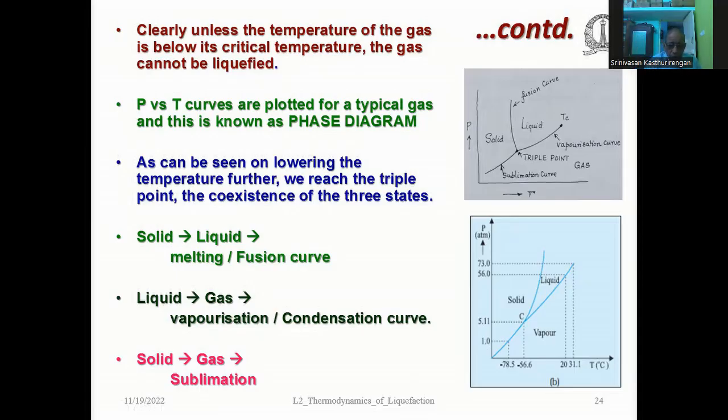So, the physical state of a substance is defined by the pressure and temperature around it, or in other words, it is depicted by the phase diagram of the substance.